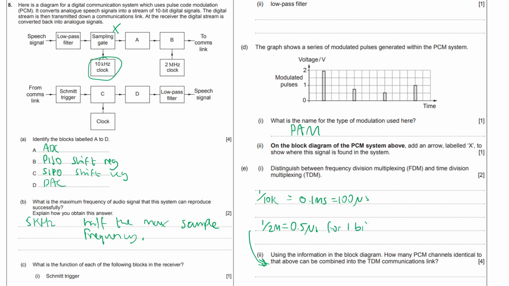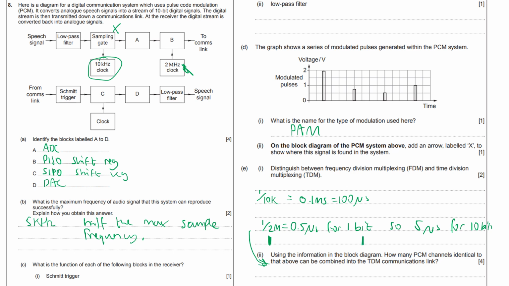But it needs to get all 10 bits out, doesn't it? So this clock needs to shift all 10 bits, so 5 microseconds for 10 bits. So essentially we've got a sample coming here, a sample coming here.